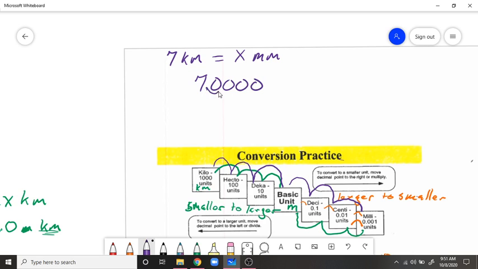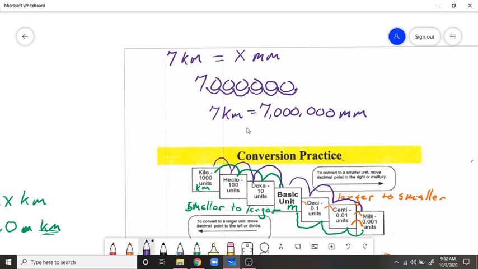So I need to go 1, 2, 3. That brings us down to the base unit. 4, 5, 6. So my 7 kilometers is equal to 1, 2, 3, 4, 5, 6. 7 million millimeters.